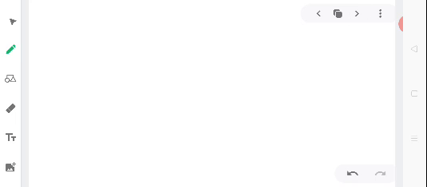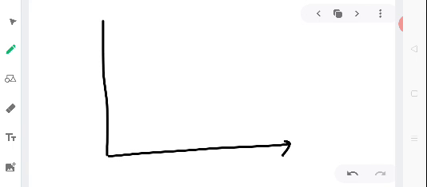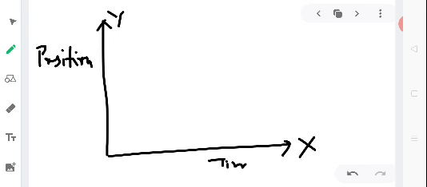So how should the graph look like? We are plotting position on the y-axis, again time on x-axis. This is the origin.